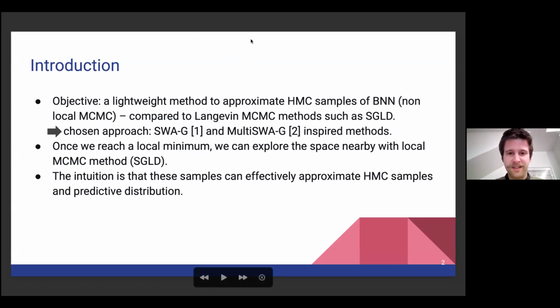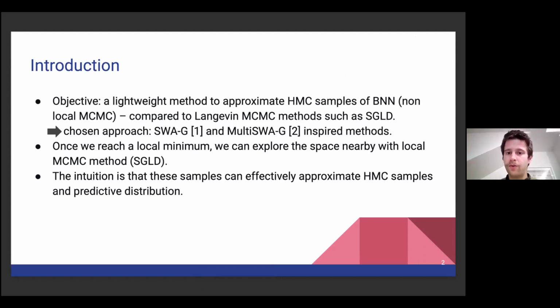We are part of an MCMC team with Eric Moulin and other guys like this. So compared to Langevin MCMC or SGLD and stuff like this, which are the only methods we can actually use with a lower computational budget, it's hard to have multimodal solutions typically.